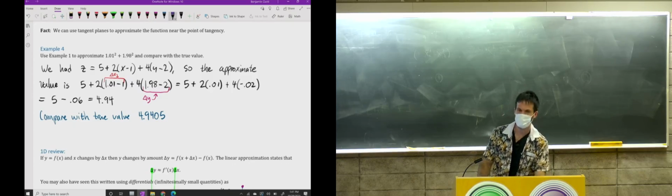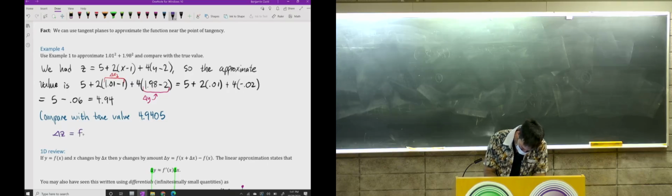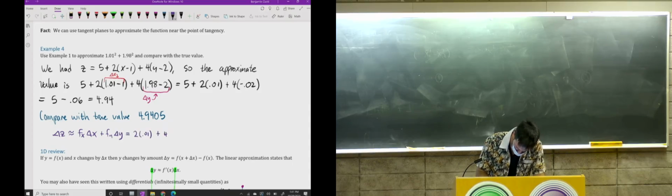The change? How much did z change? Remember, delta z was approximately, sorry, I said that question wrong. Can anyone tell me what we approximated delta z by? I should have said approximated. And the linear approximation says delta z is approximately f sub x delta x plus f sub y delta y, which was 2 times 0.01 plus 4 times negative 0.02.